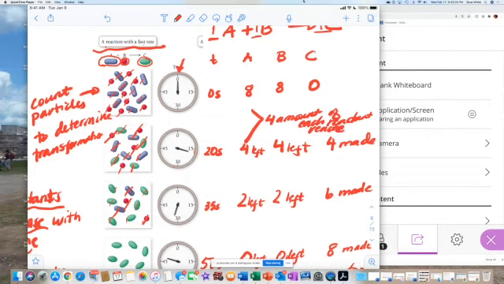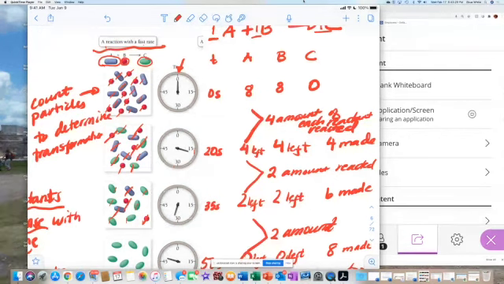It wasn't always the same amount each time. From here to here, it was only 2 amounts reacted of each reactant. From here to get to 0, again, it was 2 amounts that reacted. And each time, the amount that reacted equaled the amount that got made, right? Because it's a 1-to-1-to-1 mole ratio.